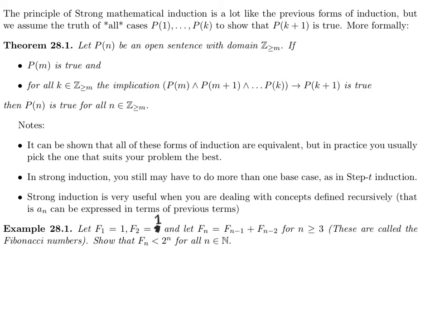So pm is true, pm plus 1 is true, all the way up to pk is true. So we're going to assume that if they're true, then pk plus 1 is true. So this is our assumption here. And if that holds, then we've proven our open sentence is true for all elements in our domain set here.